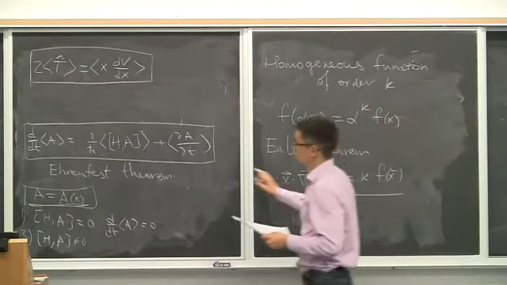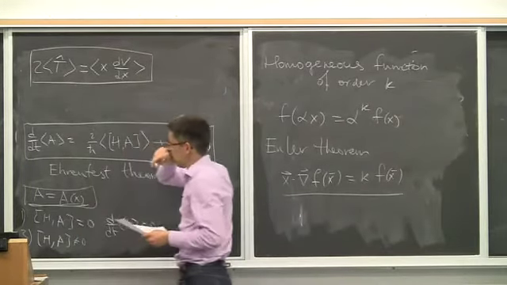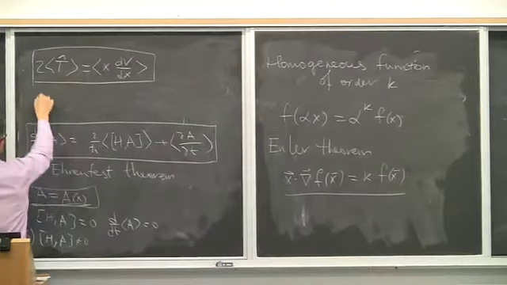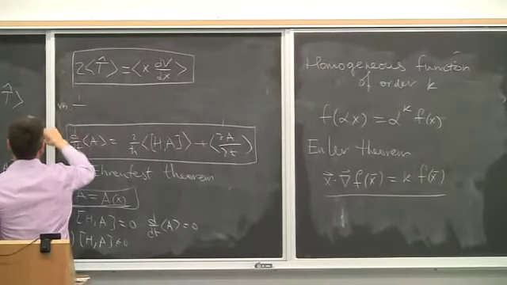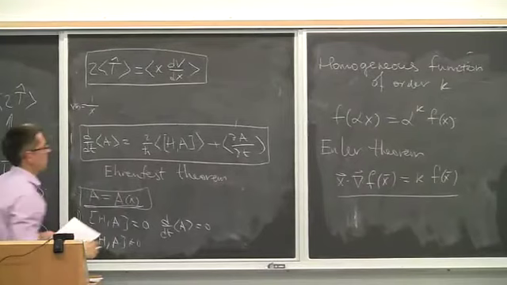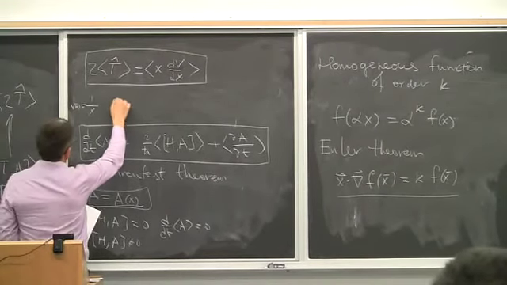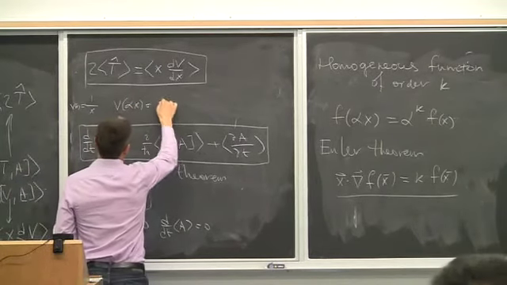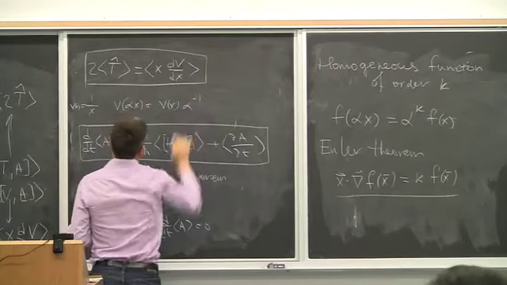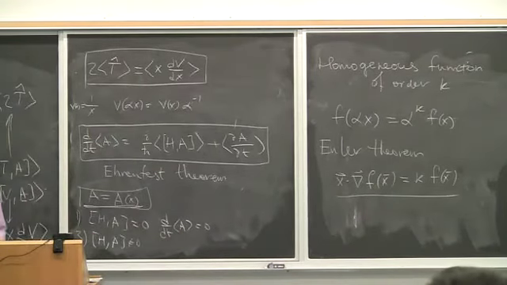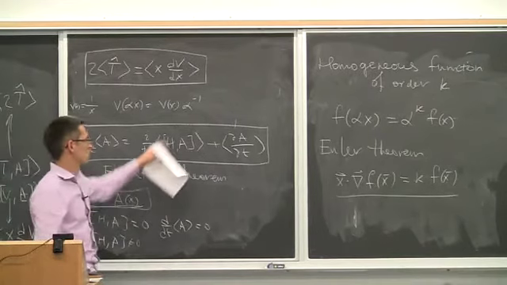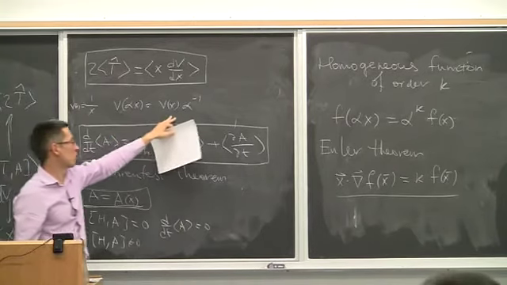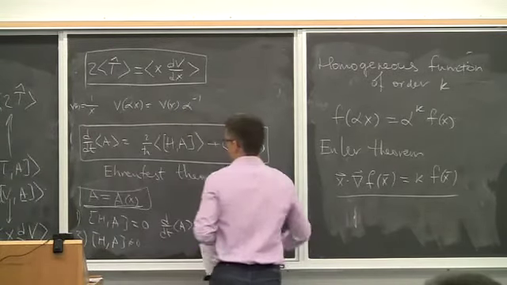But using this on an expression like that, say imagine your V of x equals 1 over x, right? Then V of alpha x would be V of x to the power of minus 1, right? Can you follow? Okay. So this is order minus 1, the Coulomb potential.